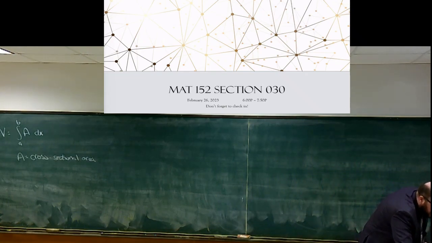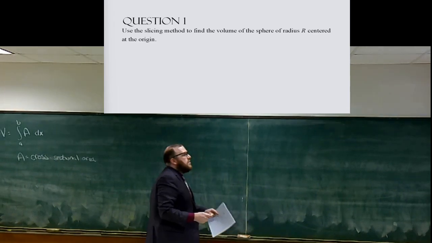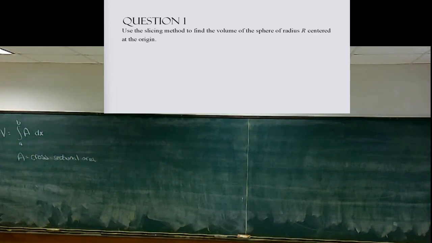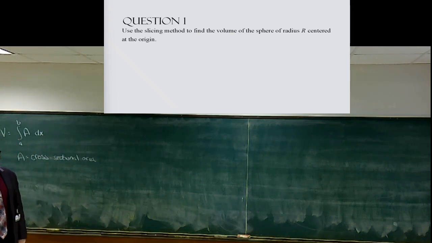I guess I'll actually. So, volume of a sphere of radius r centered at the origin. We know what that volume should be from geometry. What should the volume be?